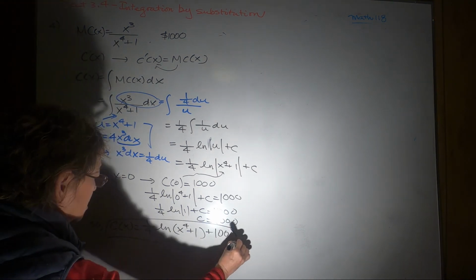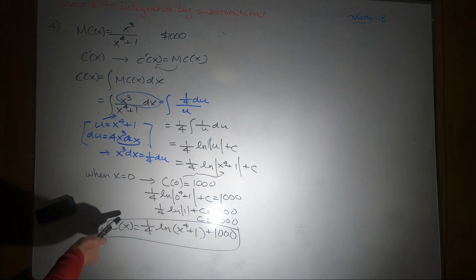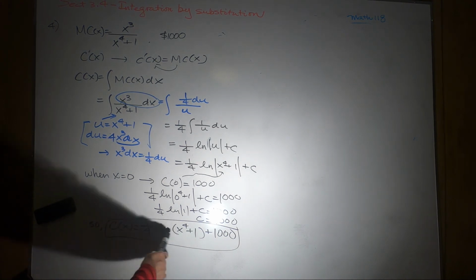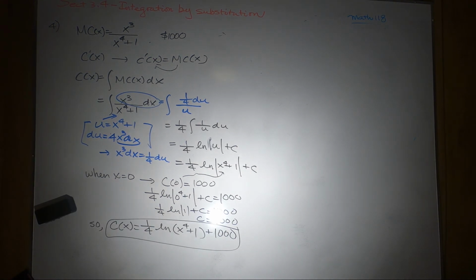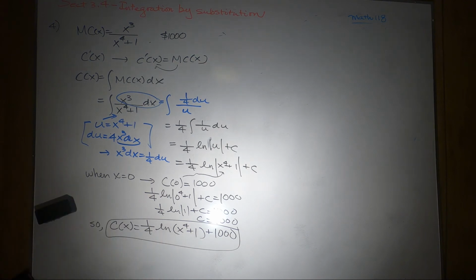So that would be your cost function. That means when you produce 1 unit, how much the total cost would be. Then produce 2 units, how much total cost would be. That's how you do it, right? So that's your cost function.